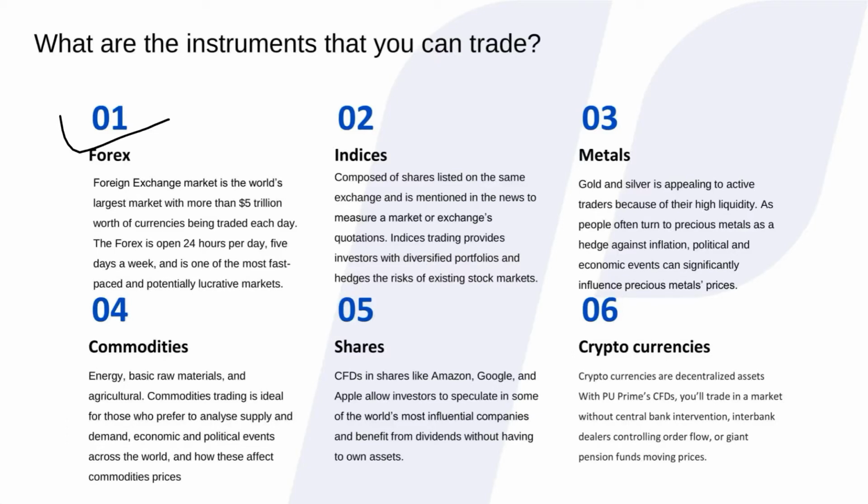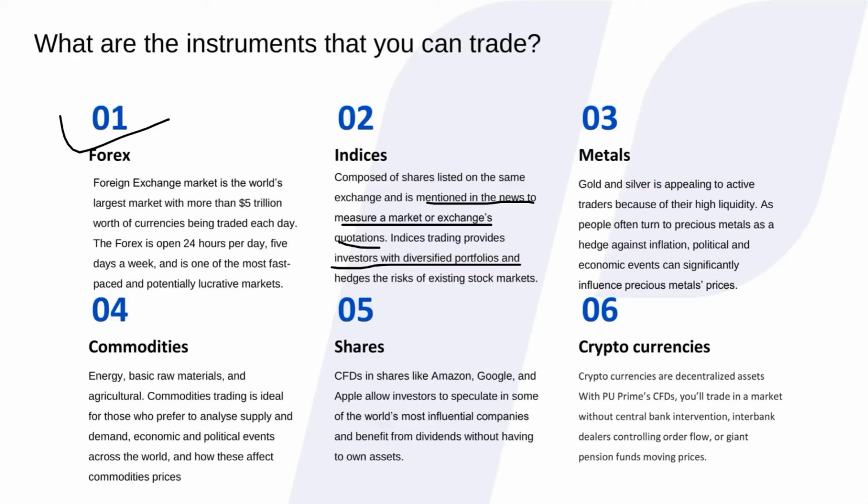We have indices to measure the performance of the technological stocks in the US stock markets, and so on. Those indices are composed of shares listed on the same exchange and are mentioned in the news to measure a market or exchange's quotations. Indices trading provides investors with diversified portfolios and hedges the risks of existing stock markets.